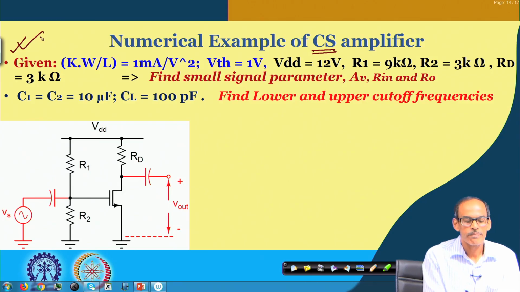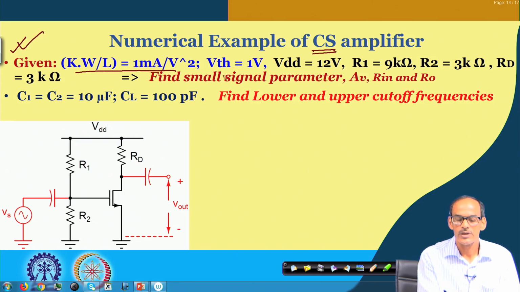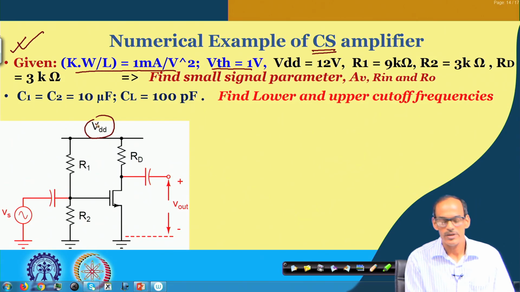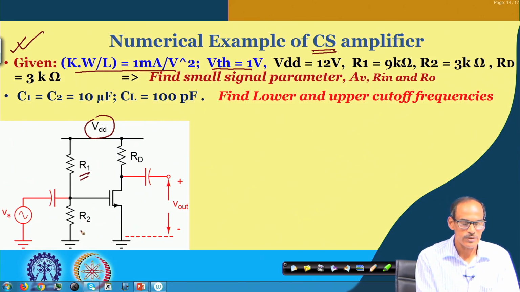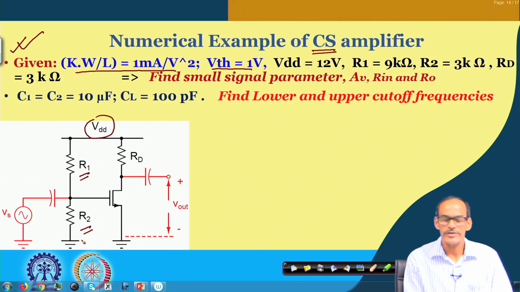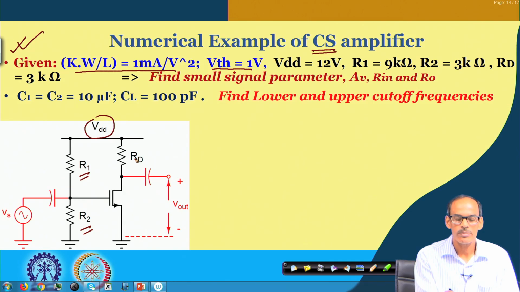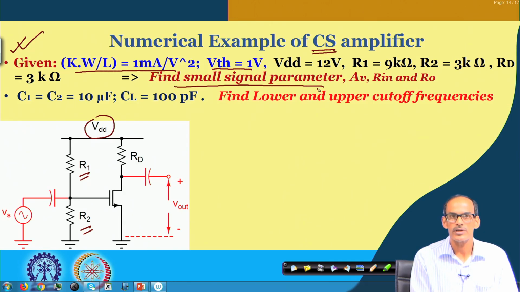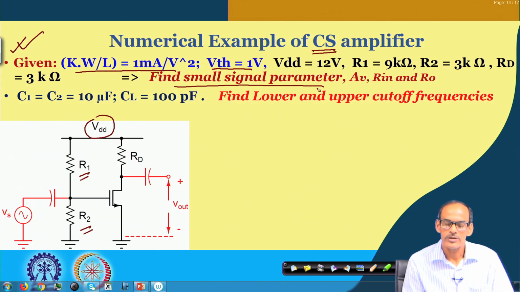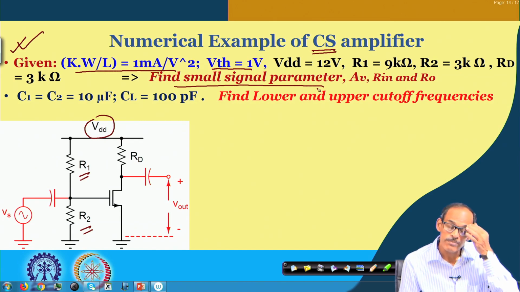Namely, the device parameter k multiplied by W by L is given to us, then the threshold voltage, the supply voltage, and the bias elements are given to us. From that we obtained the DC operating point and then the small signal parameters, namely GM and R naught in case lambda is given.